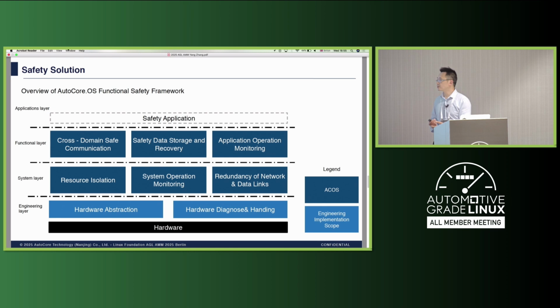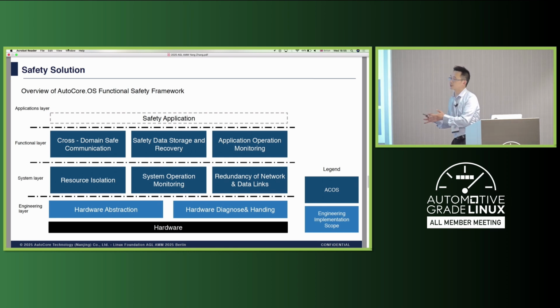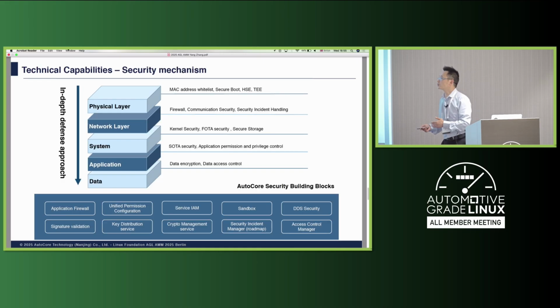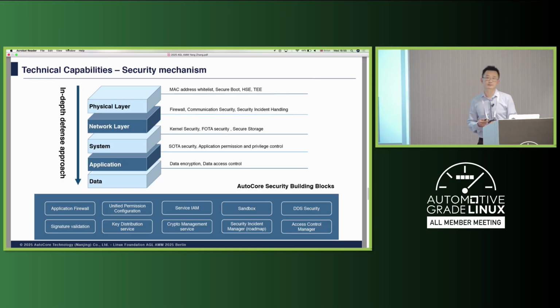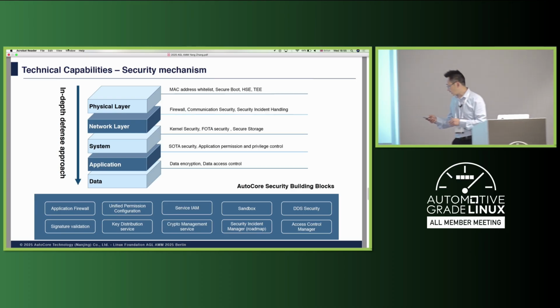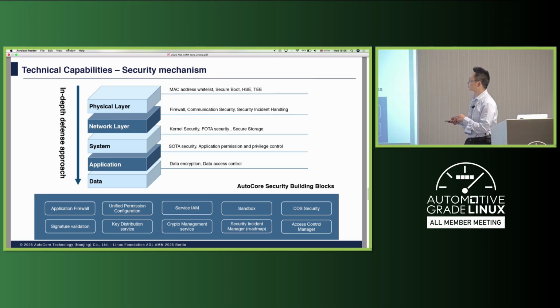When we talk about a turnkey solution, we can't miss the fact that we have to look at the functional safety design of the entire system. We also can't ignore how we deal with system-level security mechanisms. These have to be dealt with at each layer of the stack.